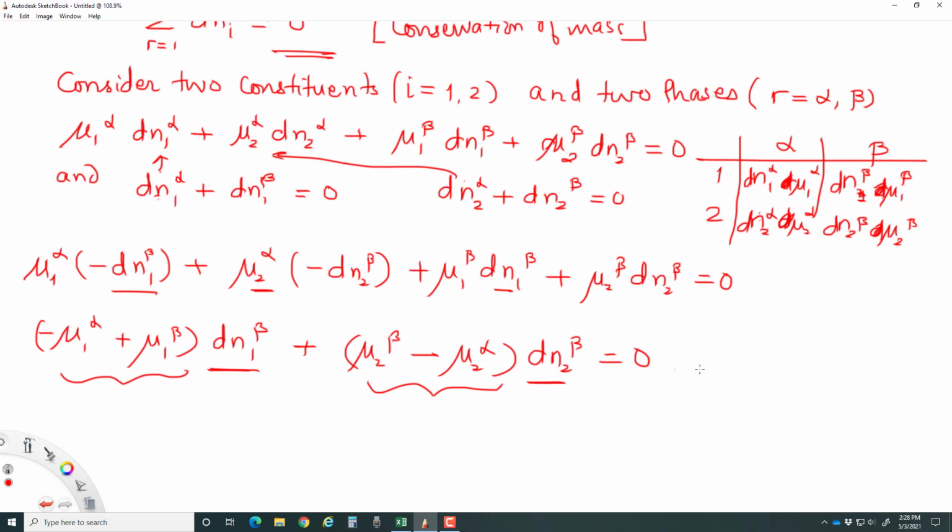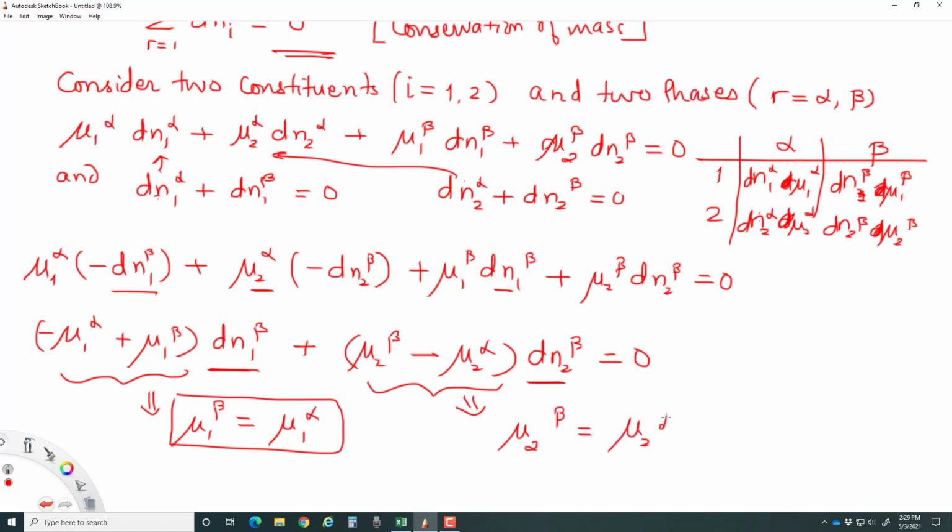So this implies mu1 beta is equal to mu1 alpha, and this implies mu2 beta is equal to mu2 alpha.